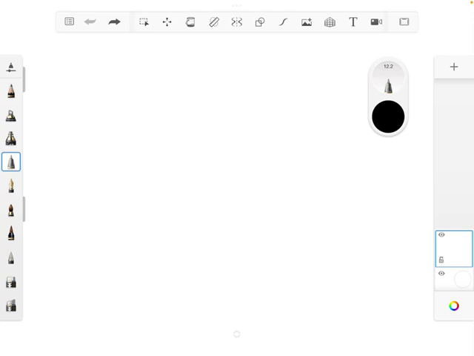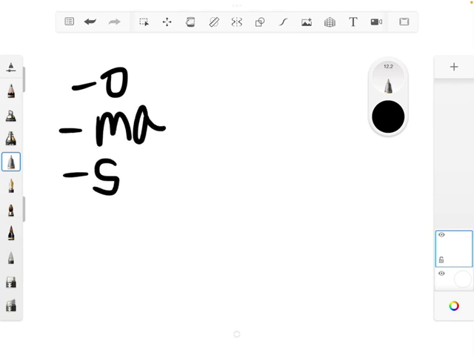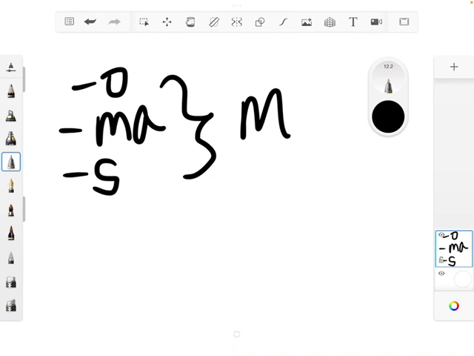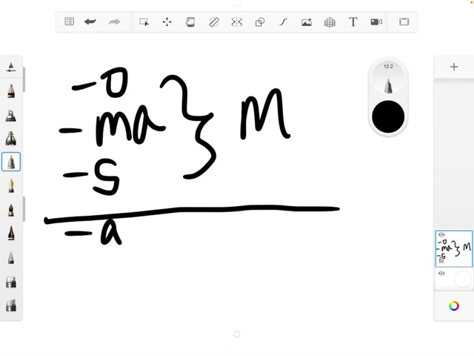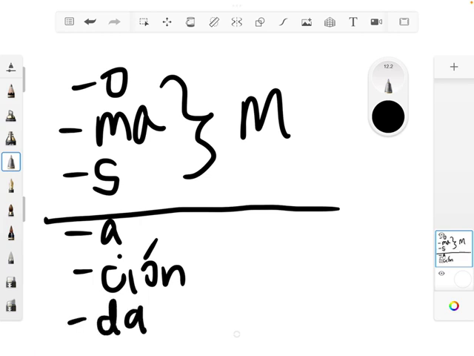Okay. So, if we move forward there, most nouns ending in O, ma, and s are masculine. M for masculine. Most nouns ending in A, sión, and dad will be feminine.